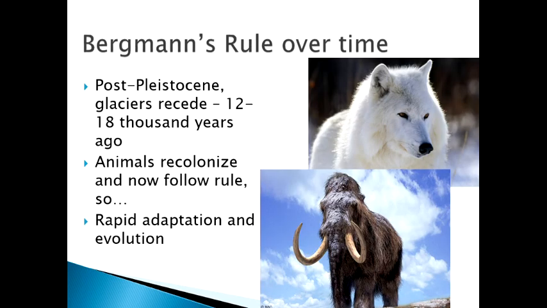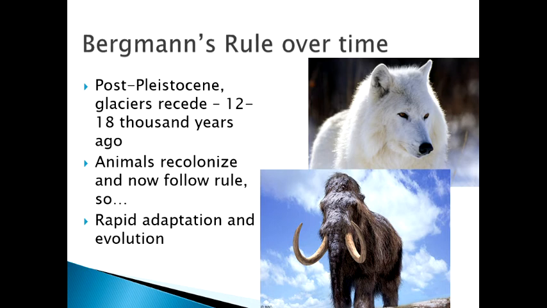Bergman's rule, you can look at it from a paleontological perspective as well, or a time perspective, and think about this. For the last 18,000 years, we've been sort of through a glacial interglacial cycle. We had a maximum extent of the glaciers about 18,000 years ago, meaning no animals would be living on top of this mountain of ice that covered the northern hemisphere, and then that slowly receded, and these animals had to recolonize.